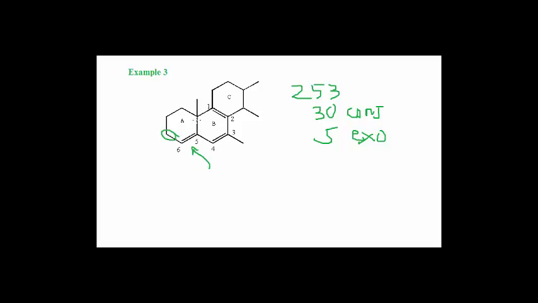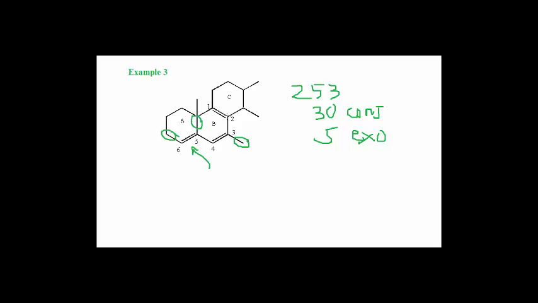That's also a ring residue, so that would be 5 more. Carbon 4, there are no alkyl substituents, just the hydrogen here, so there's nothing to add. At carbon 3, we have a methyl substituent, so there's one alkyl substituent. That would be another 5 units.